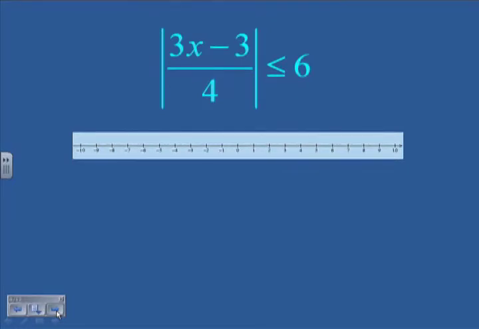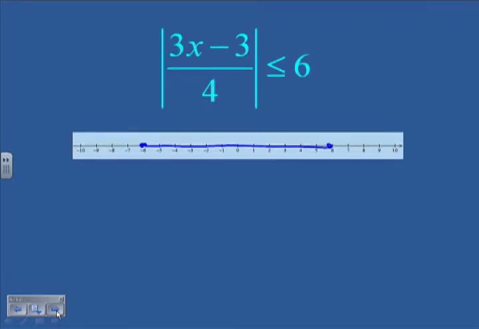Okay? This big old nasty ugly absolute value is less than or equal to 6. Well, that means that it has to be falling between negative 6 and 6 on the number line. Because that's how I have the distance less than 6. You see one segment?